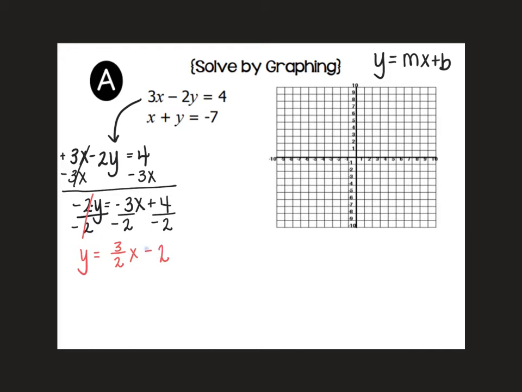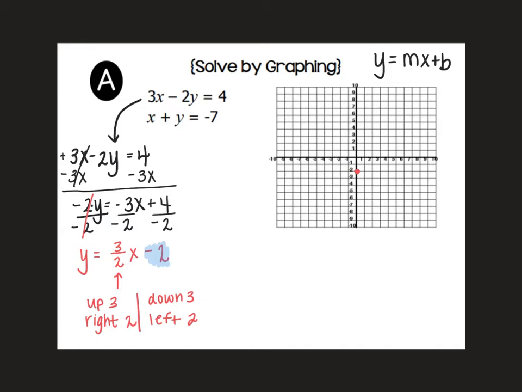And when you graph, you're going to start by graphing the y-intercept, which is negative 2. So you start at 0, 0, and you go down 2, you put a point. Then you have your slope, which is 3 over 2, which means that we're going to go up 3, right 2. You can also do the opposite, so you could also go down 3, left 2. These are really the same slope.